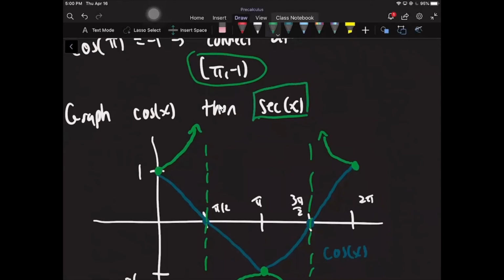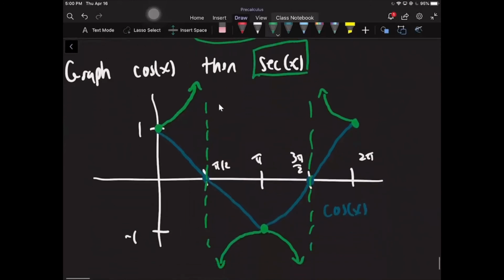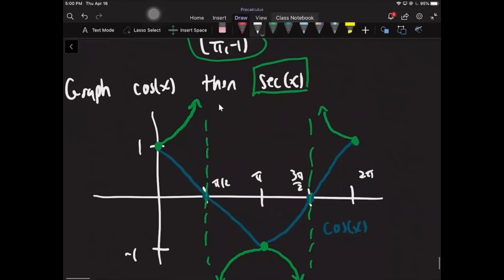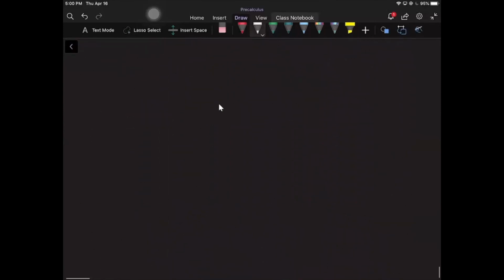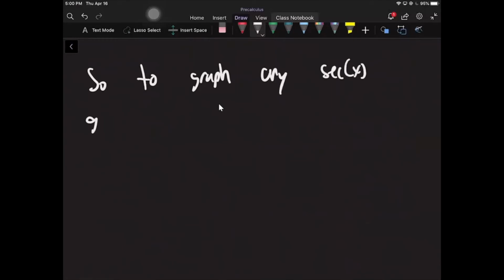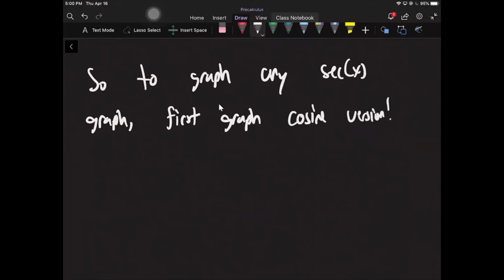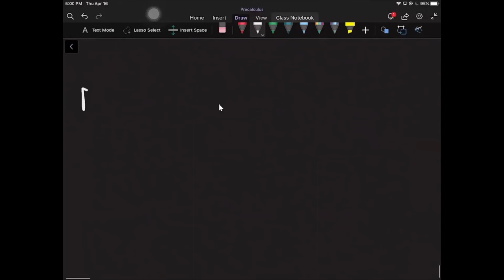But you never want to try to graph it without drawing sine or cosine first. In fact, that's what we're going to do on the next example. Okay, so to graph any secant graph, first graph the cosine version. That's the key. All right, so here's an example.